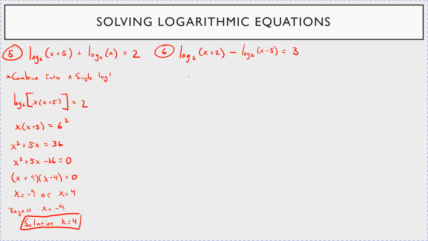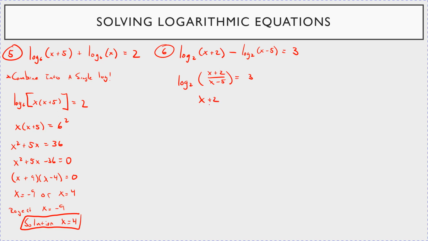That's why we learned all these properties of logs in the previous lecture. So this is log base 2 of x plus 2 divided by x minus 5 is equal to 3. Now this would be 2 cubed is equal to what's on the inside here, just rewriting it.